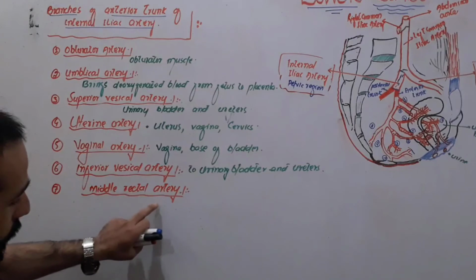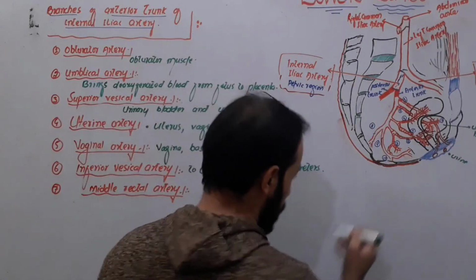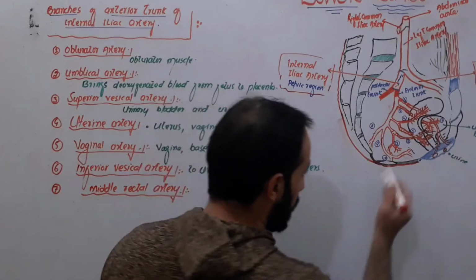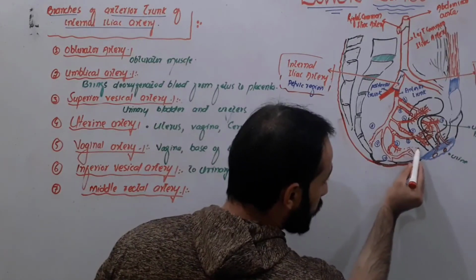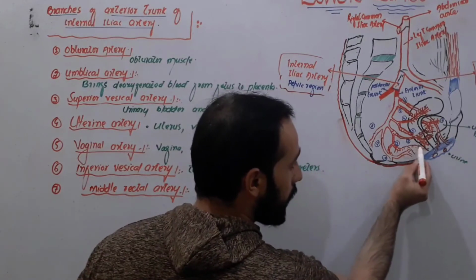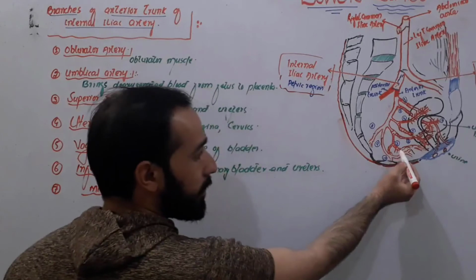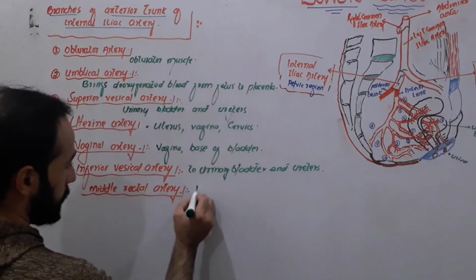It is also a branch of the anterior trunk of the internal iliac artery, and this middle rectal artery is responsible to supply blood, in the case of females, to the rectum. Look, this is the rectum here, and it gives small branches towards the vagina also. So it supplies blood to two different regions, the rectum and the vagina.